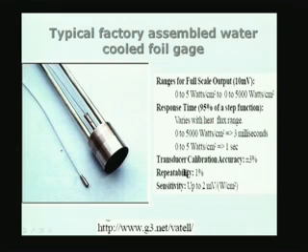I have taken in fact a typical example of a factory assembled water cooled foil gauge. It is taken from the website of the company which makes it, Vatell, VATELL, this is the company which makes the gauges, and you can see the gauge here.